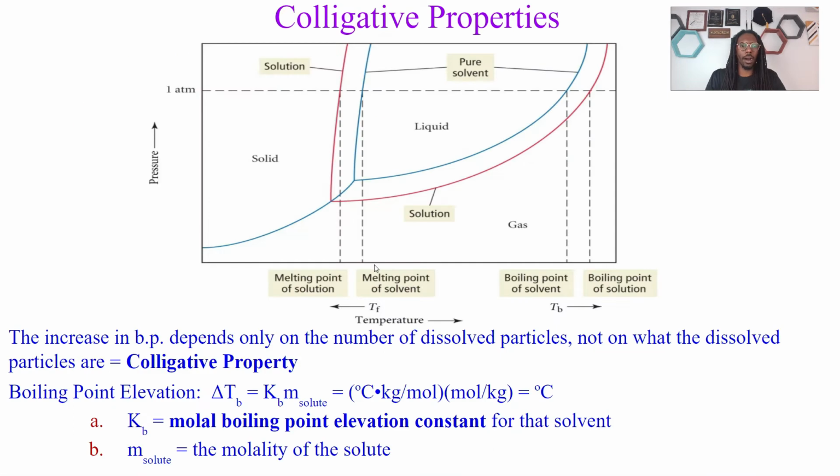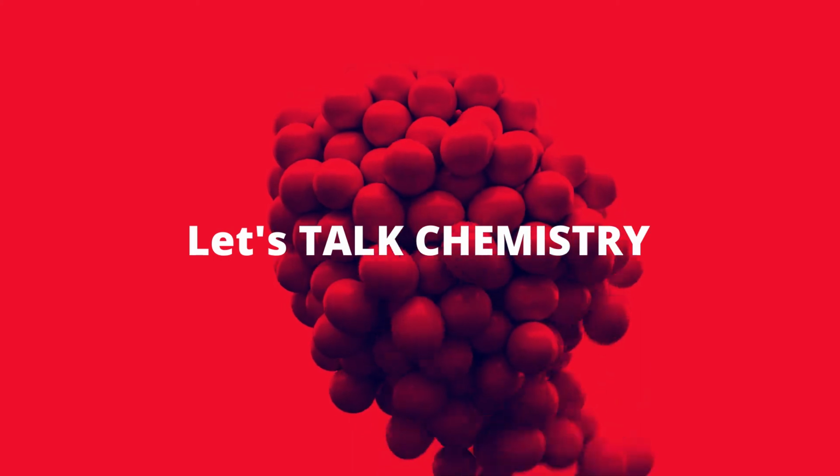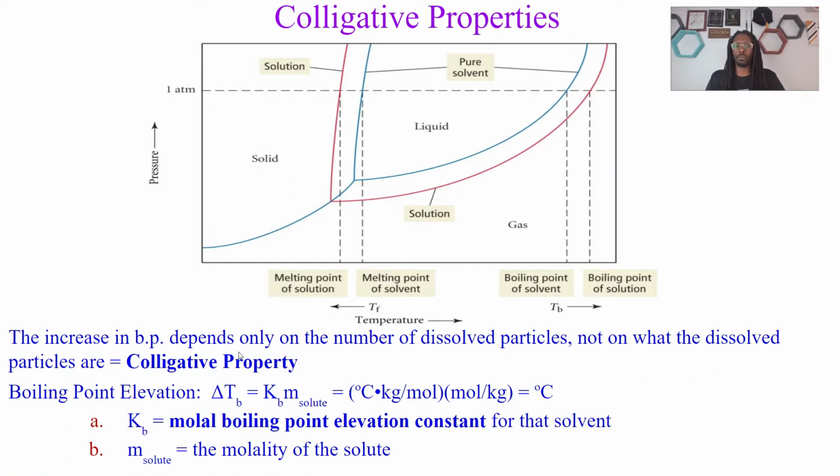Now, colligative properties. Let's go over this one more time, just in case we forgot. Colligative properties depend on the amount of substance. We don't care about the identity of the substance; we care about the amount.